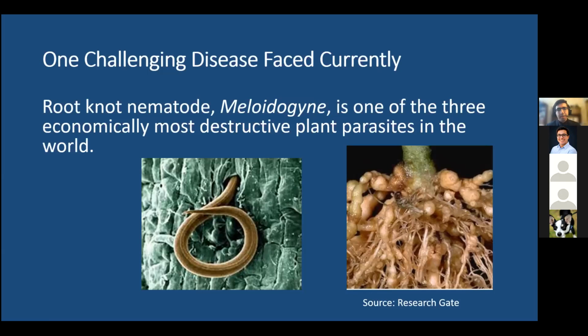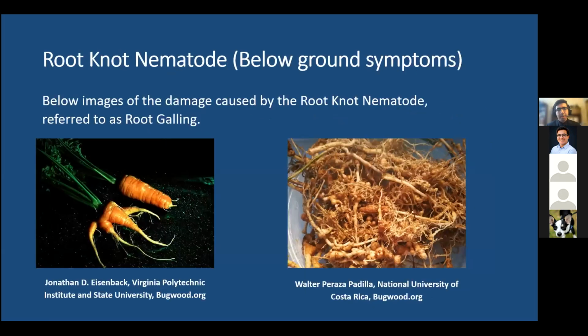So the root knot nematode has below ground symptoms and it also has above ground symptoms. The below ground symptoms, which help identify that it is in fact the root knot nematode, is referred to as root galling. As we can see here on this carrot on the bottom, there are what appear to be even smaller carrots appearing.